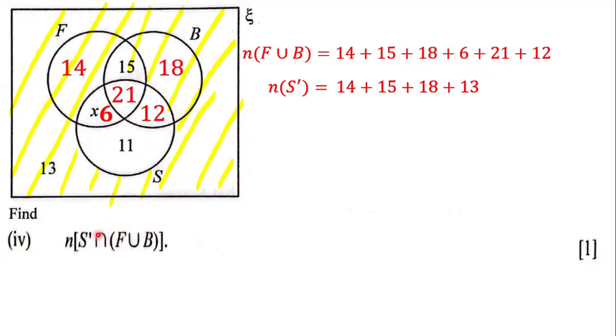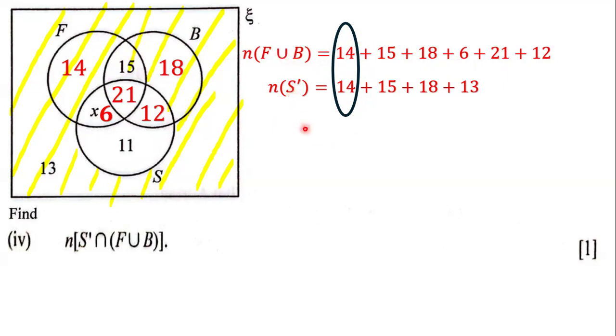Now they want the intersection of S complement and F union B. We know that 14 is in both of them. 14 is in the union of F and B, and 14 is also in S complement.